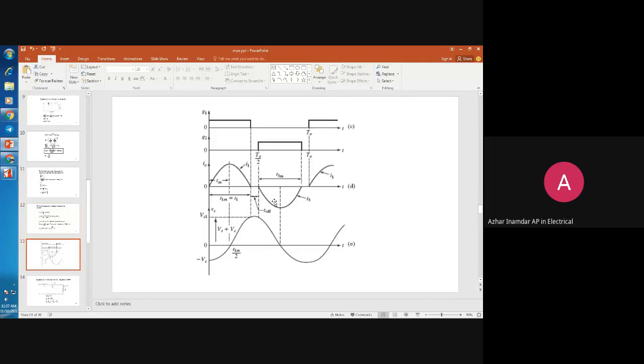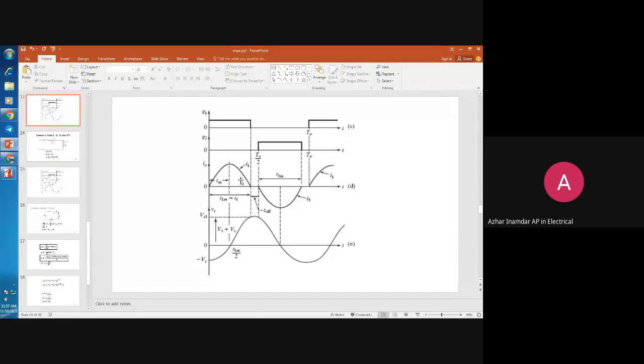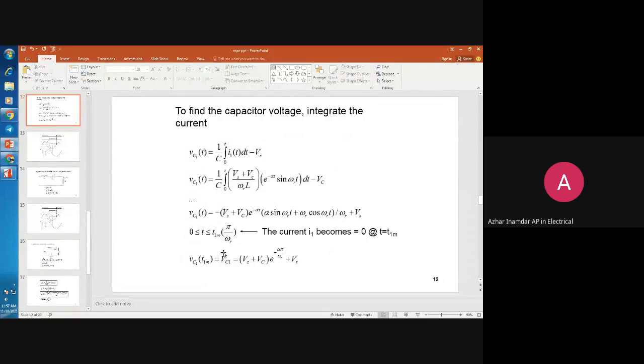I will show you this. It will start from 0 to T1. So as soon as your I1 of t becomes 0 at this T1m, the mode 1 ends. And this is our voltage across the capacitor. You can refer to the PDF.